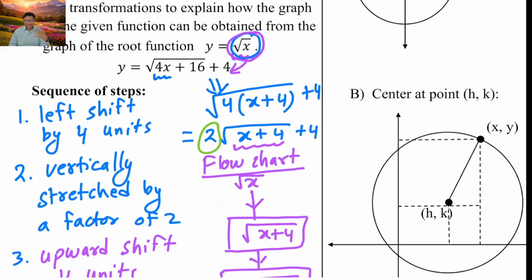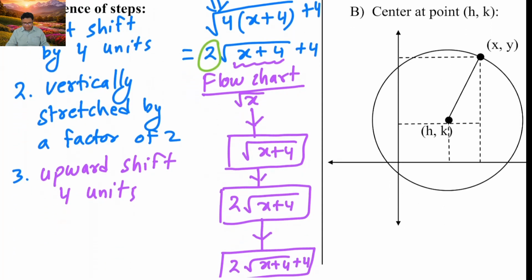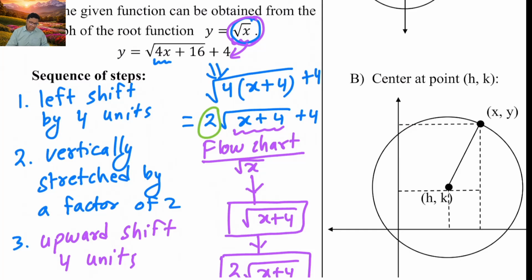And most of the time you can see the sequence is natural. You can at first add 4, right? Or maybe you could have first added 4, but let's say between vertically stretching and left shifting, first you shifted left by 4 and then you vertically stretch by a factor of 2, right? That you have to do in that sequence.